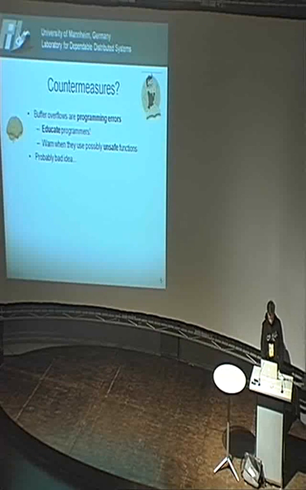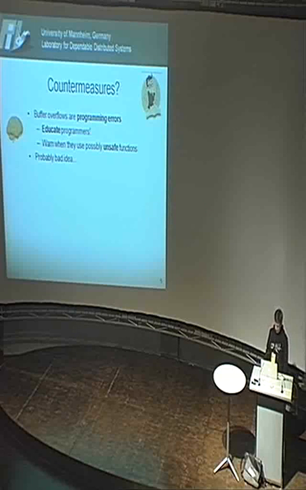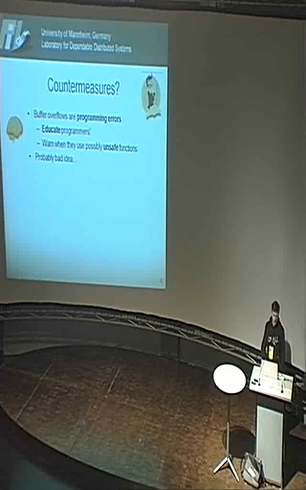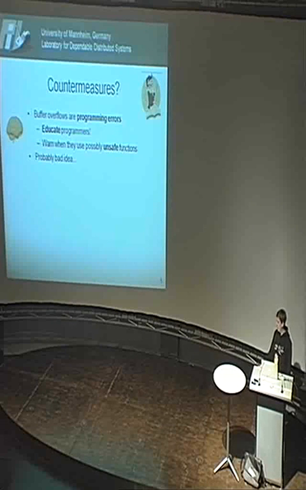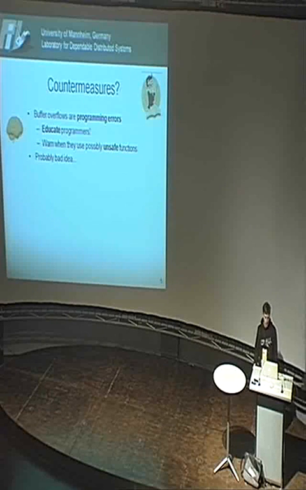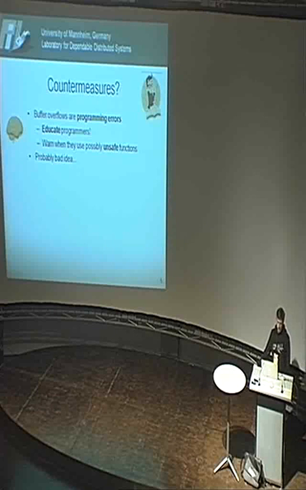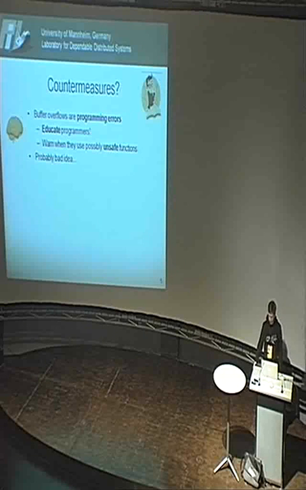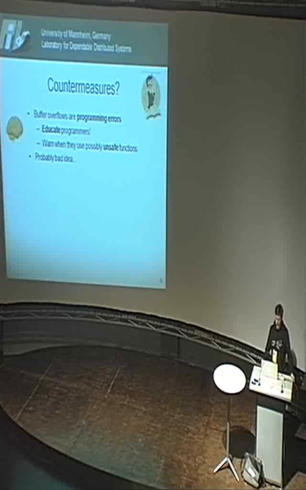So having talked about buffer overflows, we naturally have to think about countermeasures. And as we all know, buffer overflows are just simple programming errors. They all stem from the fact that in the end, we have some humans who program our code, and humans just make errors, especially when they are under pressure, which is happening all the time when you work in a productive environment where you have deadlines to which you have to stick.